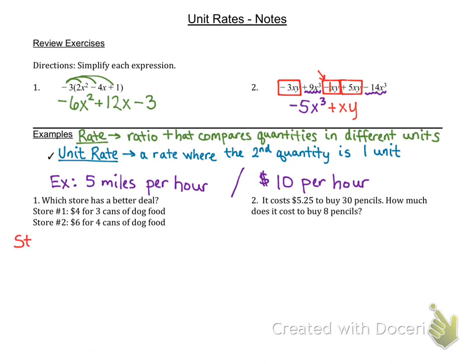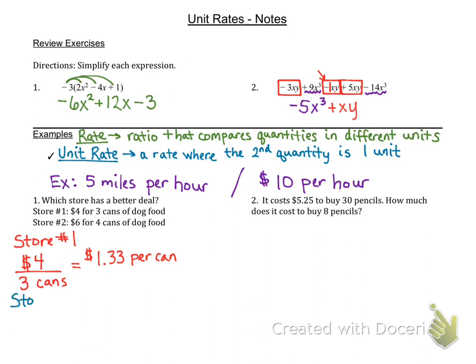For store number 1, I'm going to take $4 and divide that by 3 cans of dog food. When I divide 4 divided by 3, I get $1.33 per can. So for each can of dog food, it's going to cost $1.33.